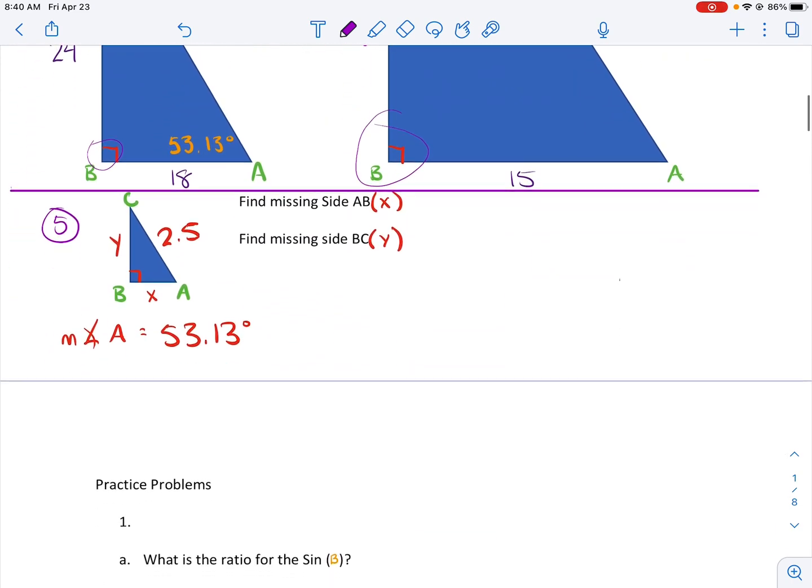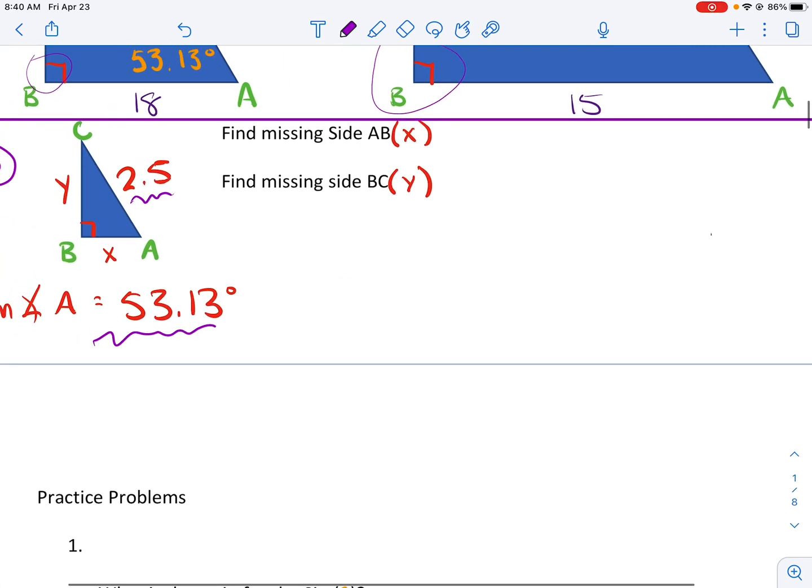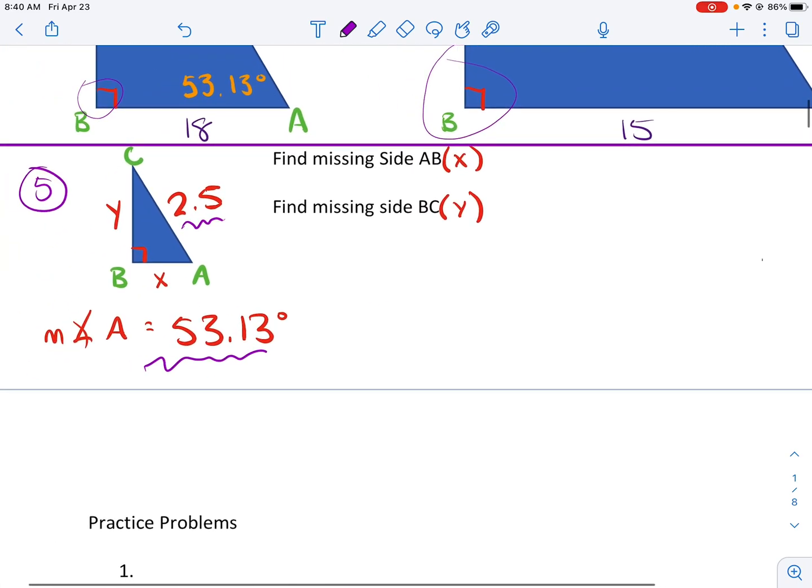Lastly, down here, they're giving you an angle measure and one of the sides, and you have to use these trig ratios to come up with the other ones. So we want to find AB. In reference to angle A, this is always going to be our opposite side, this will be our adjacent, and this side will always be our hypotenuse.